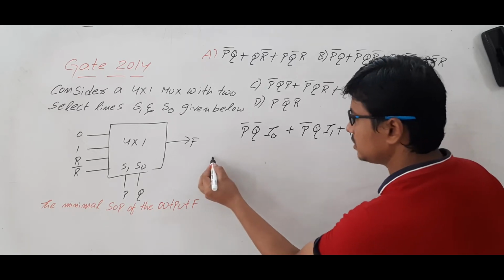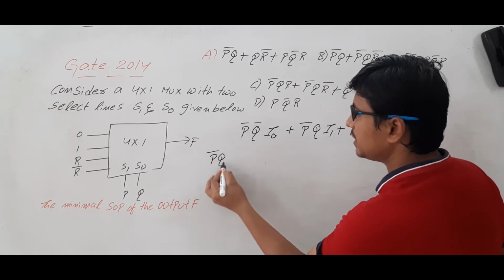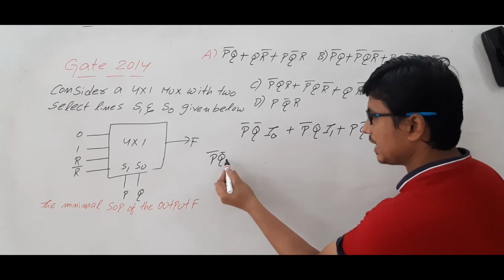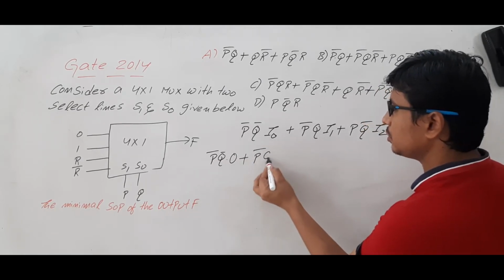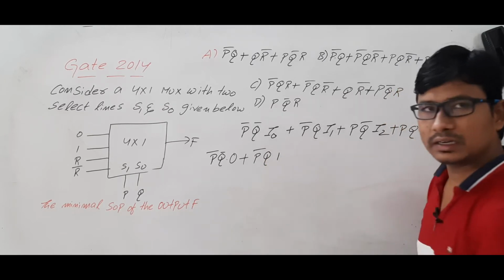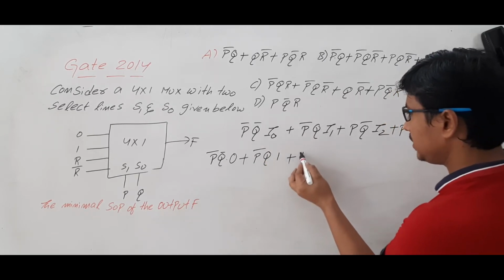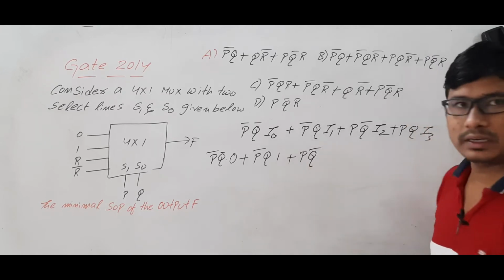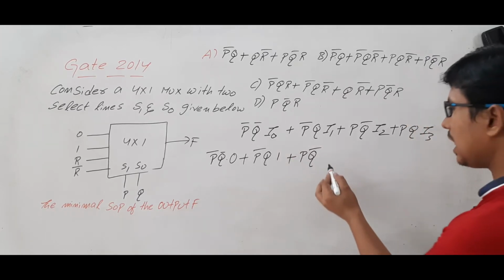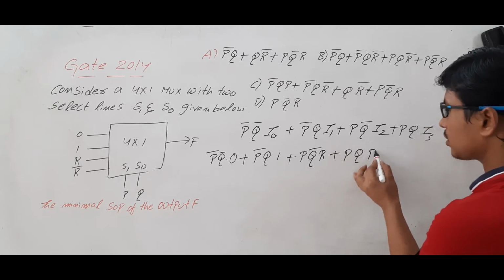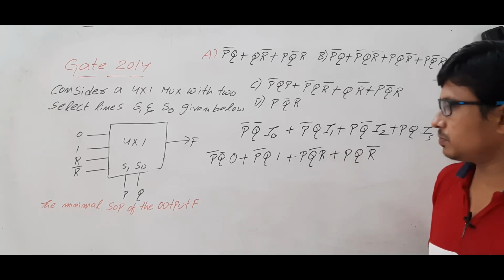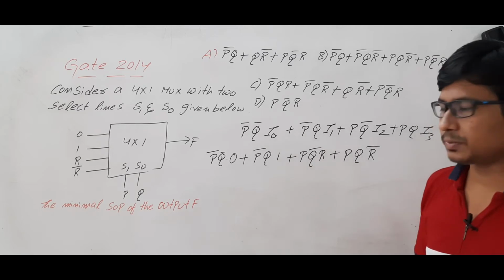So if I substitute those values, P complement Q complement and 0, or P complement Q I1 is 1, or P Q complement R, or then you have P Q R complement. So if you substitute those values, we got this expression.